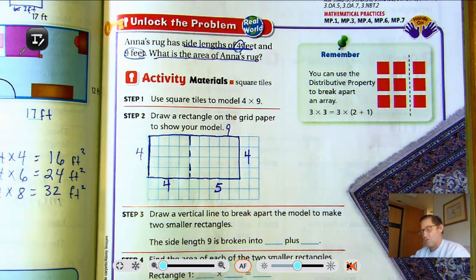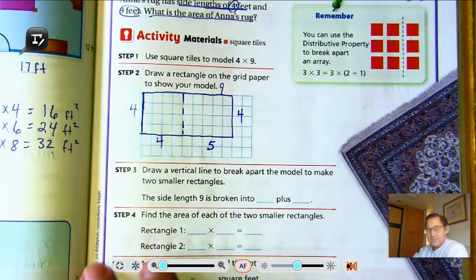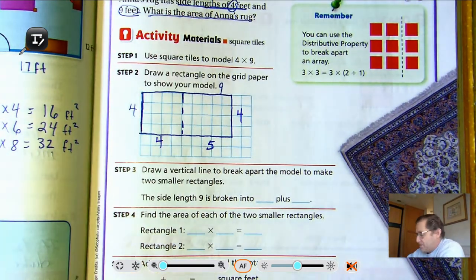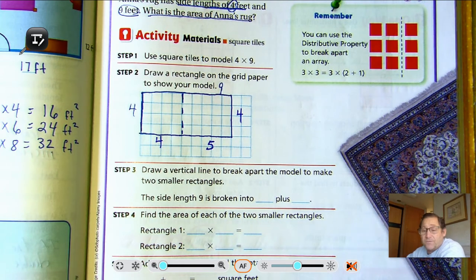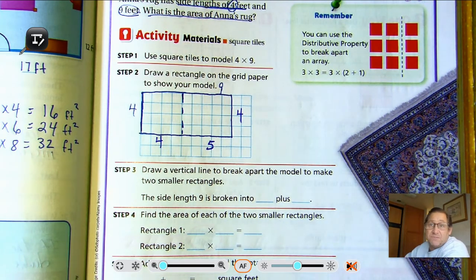Okay, so this is not the only way you can break up 9. You could have also broken up the 4. You could have made it like 9 times 3 plus a 9 times 1, or a 9 times 2 plus a 9 times 2. Doesn't matter. So we can play with those numbers and make them smaller into easier math problems.